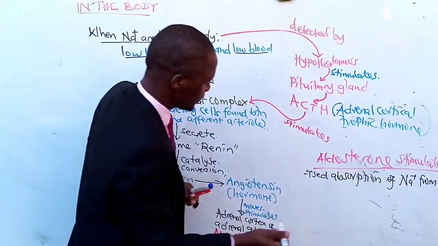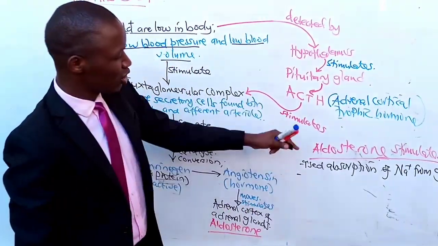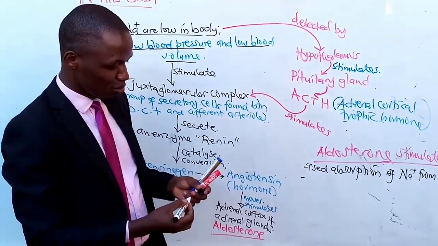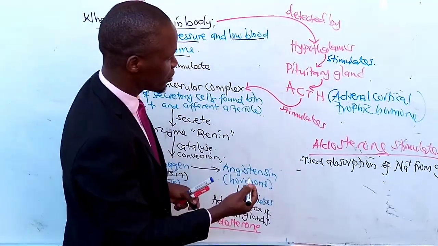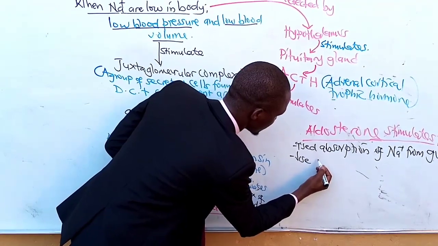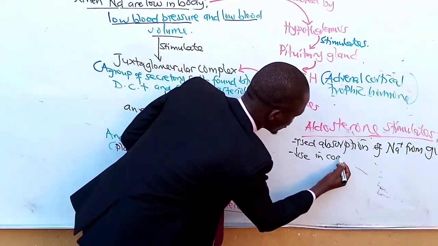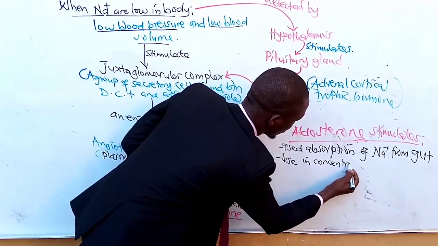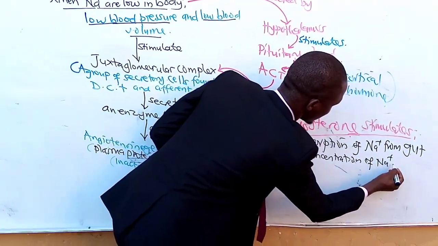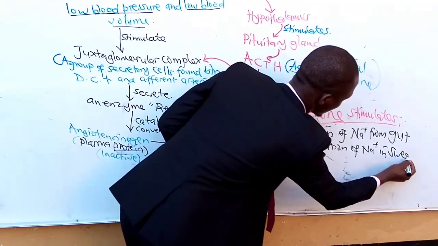At the same time, apart from that, what does aldosterone do? Aldosterone, once it is secreted, also stimulates a decrease in the concentration of sodium ions in the sweat.